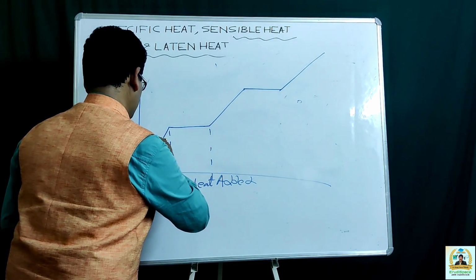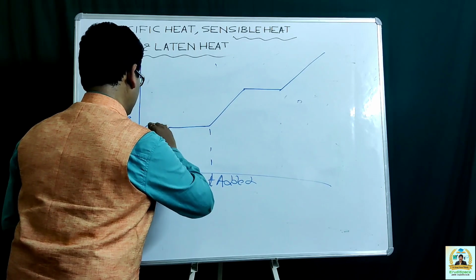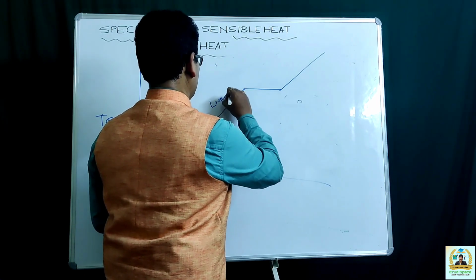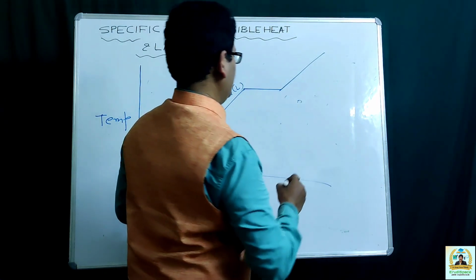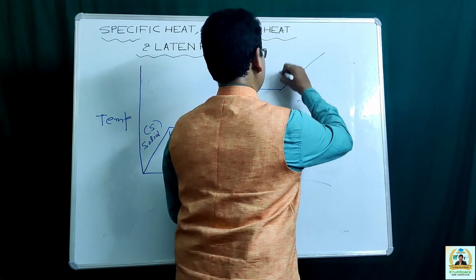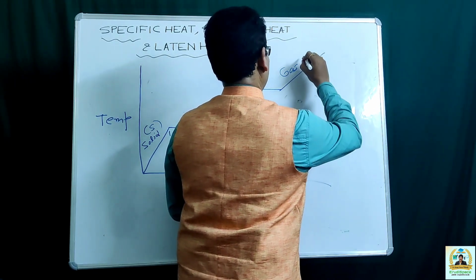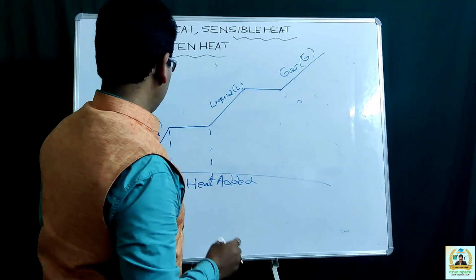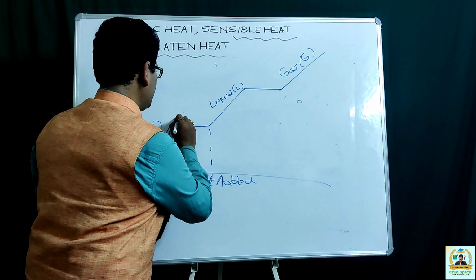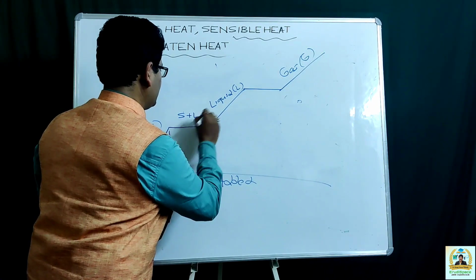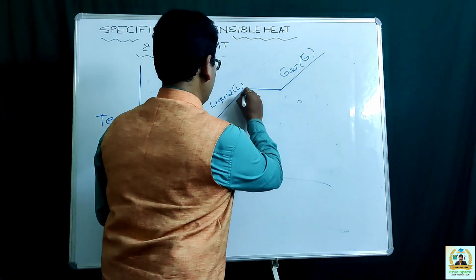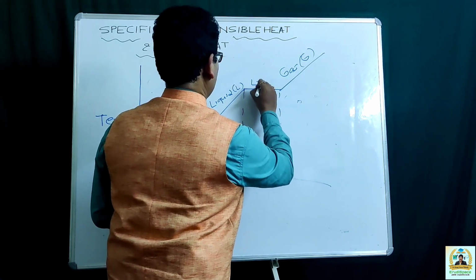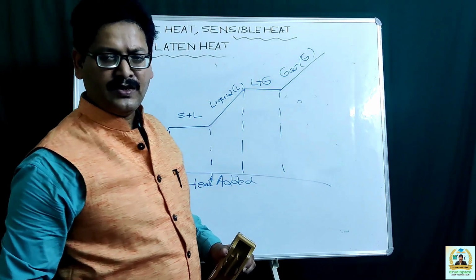This one is solid or S, this one is liquid or L, this is your gases represented by Z. Now, this is an intermediate phase, solid plus liquid, and this is again an intermediate phase, liquid plus gas.